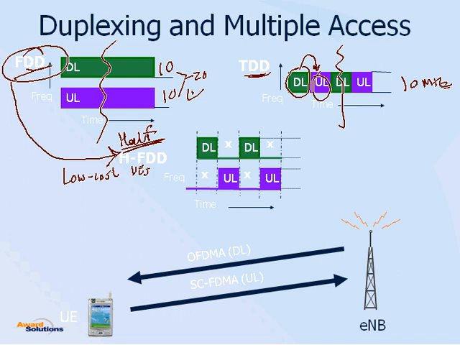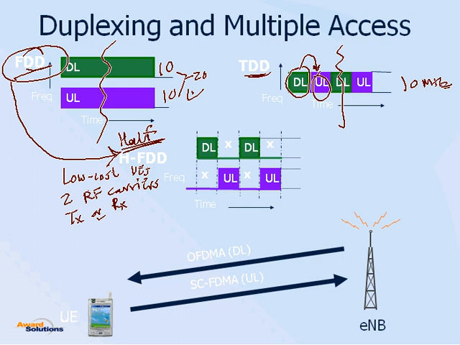These devices can support two spectrum, two carriers, uplink and downlink. So they can tune to two RF carriers. That is not a problem. But they can do only transmit or receive at any given time, not both at the same time.